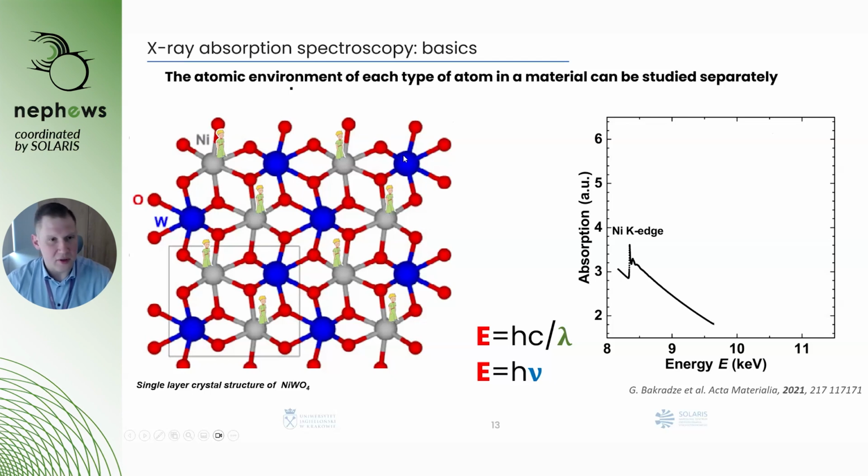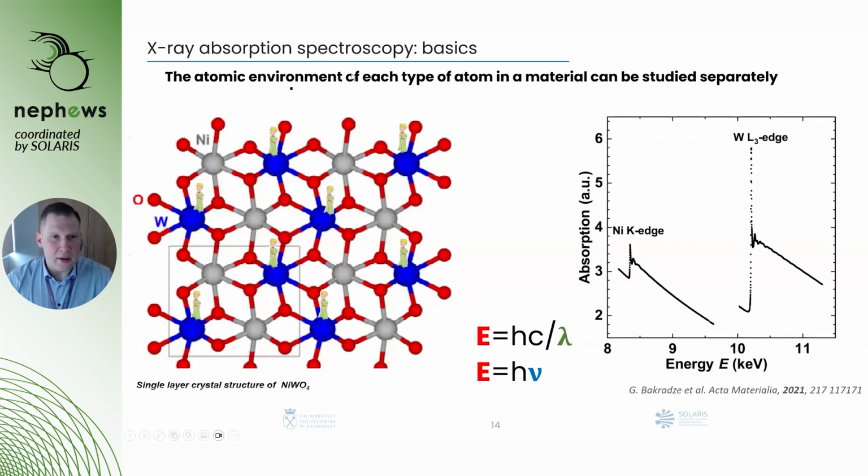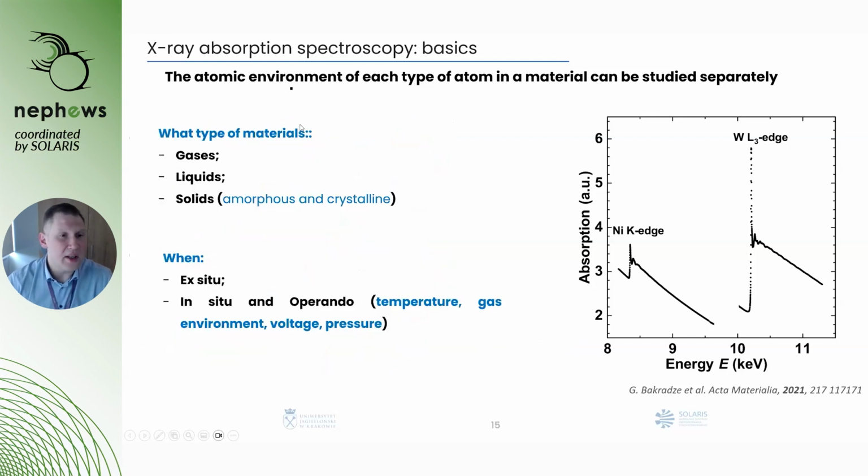Then, having got this information, we analyze the local structure of nickel, and if we change the range of energies, we can communicate with the small princes sitting on the planets called Wolframium, and get information about what is going on there, about its electronic structure and its local environment. What is also very important, we can investigate materials in different states of condensation.